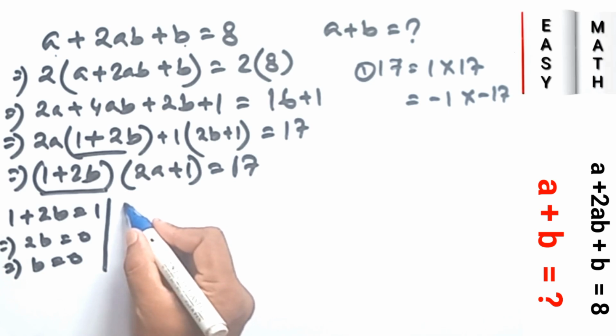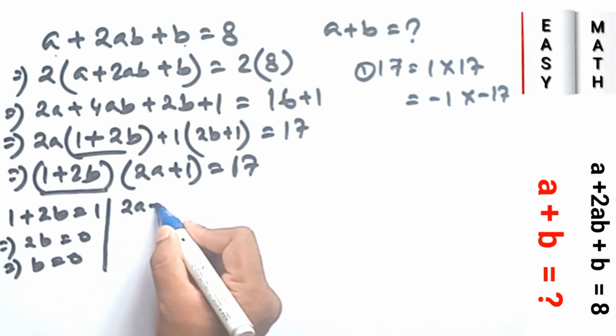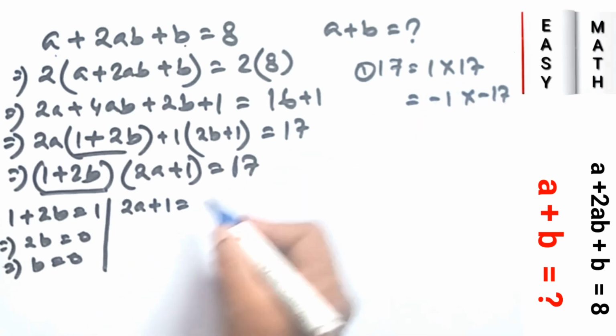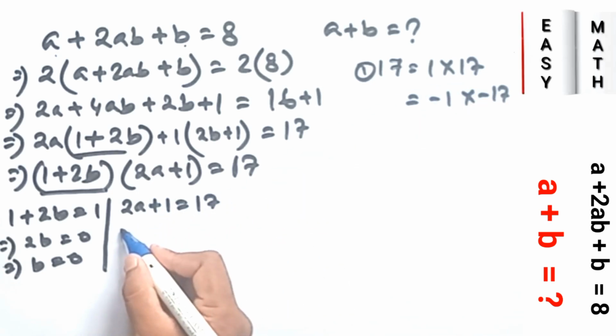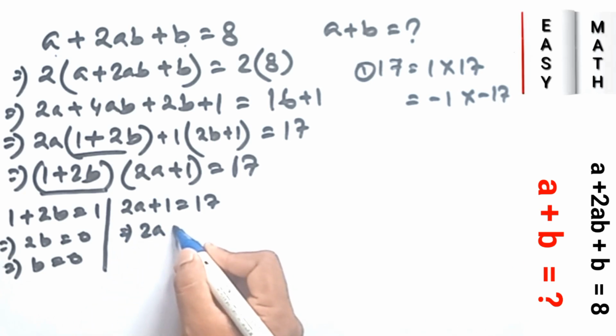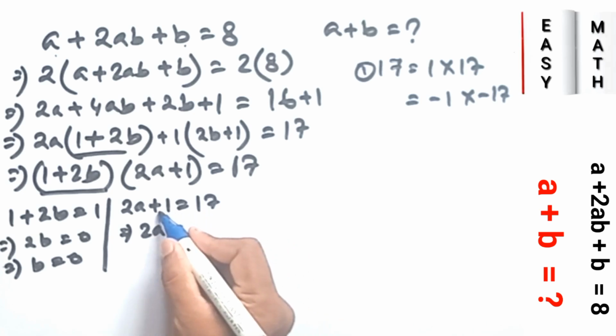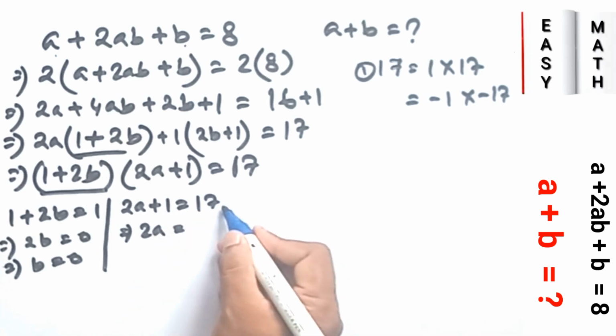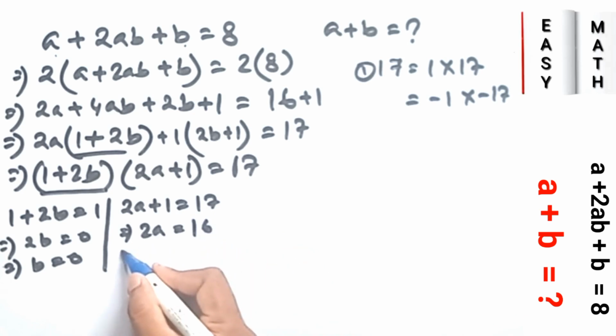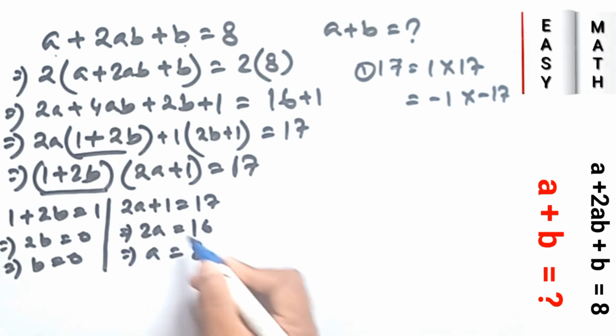And 2a plus 1 is equal to 17, so we can write 2a is equal to 17 minus 1, so this is 16, so a is equal to 8.